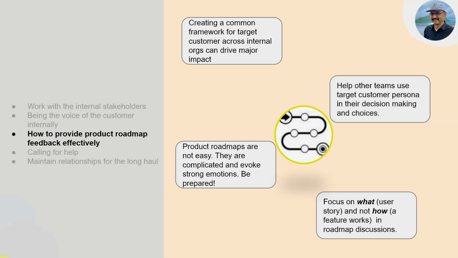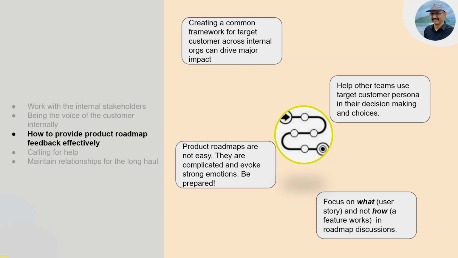Just because customer success organizations, in most companies, do not work with product management on a day-to-day basis, there's going to be some divergence in how our team might look at the target customer personas and how the product team might be looking at it. So it's very important that you get a common understanding of this common persona across the organization. And that to me is probably a very important starting point.